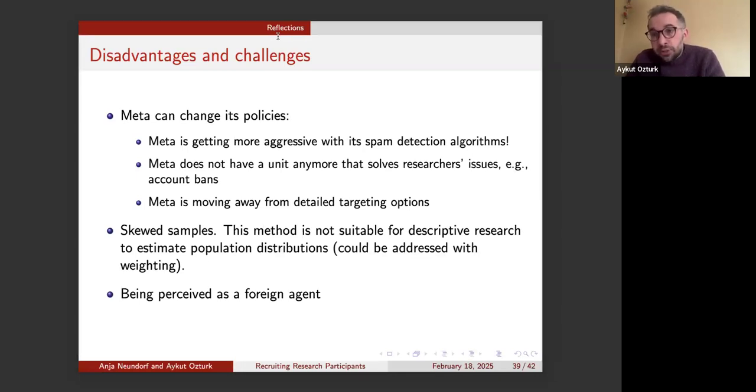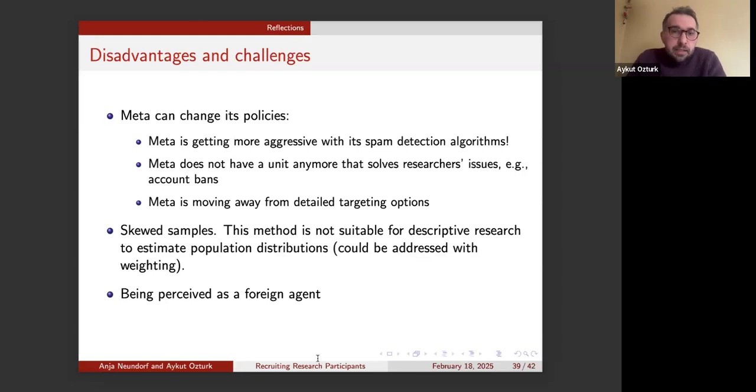Instead, you need to go through Facebook's regular problem solving units, which isn't that helpful anyway. And also, Meta is moving away, as I mentioned, from detailed targeting options, making it harder for you to target, but targeting was a key functionality for us. So there are all these challenges, right?